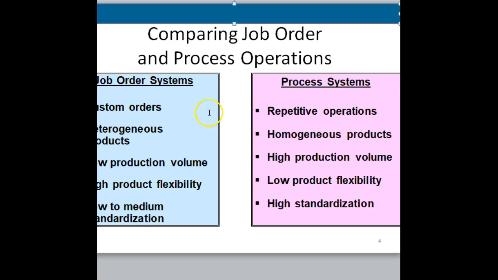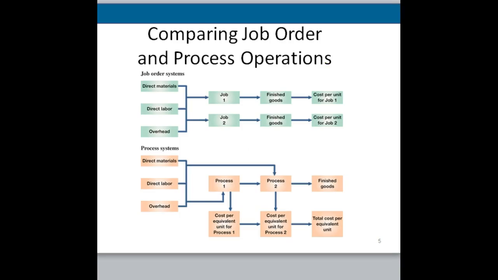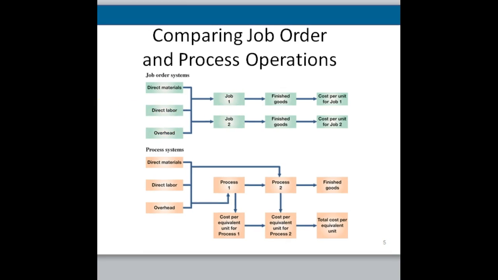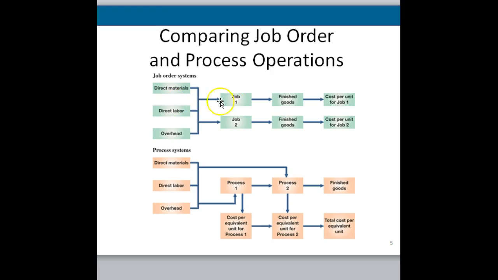So now we're moving from "I'm going to individually look at each cost" to "I'm going to look at the process and throw all of the costs into the process and then figure out how much product I made." And it kind of looks like this. When we did materials, when we did job order, we took the direct materials and put them into an individual job.